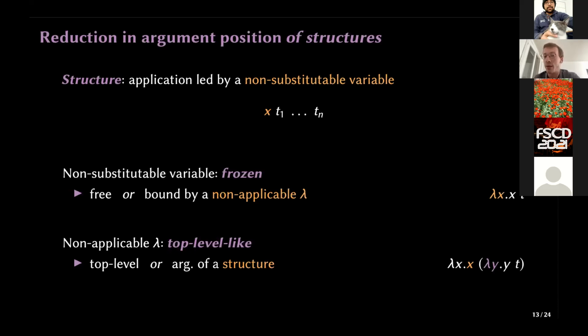But that's not the only possibility. There are other positions, which we call top level like, inside terms, for which we can guarantee that the lambda will not be applied. This is the case, for instance, of the argument of structures. So the key here is to identify structures and frozen variables in top level like positions.